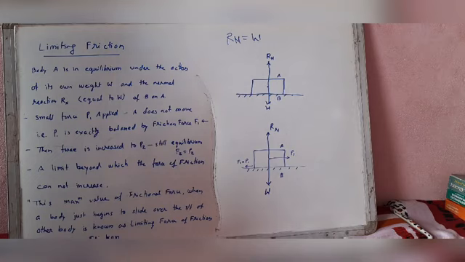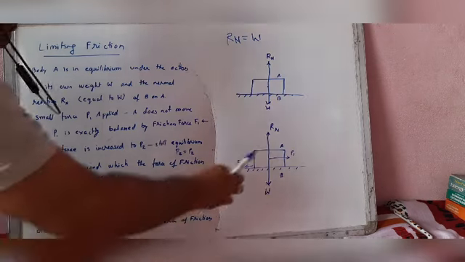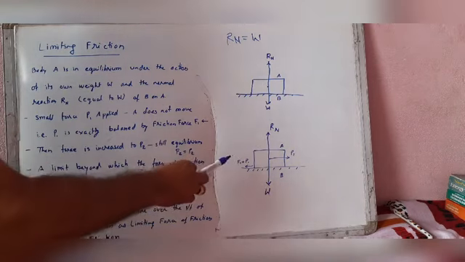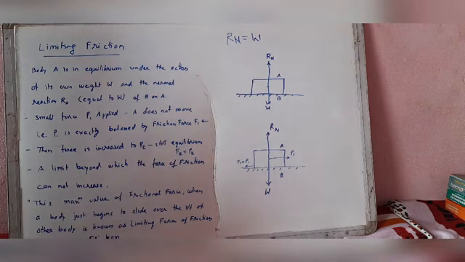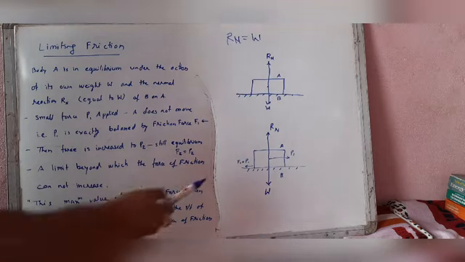If we now increase the applied force further, every time the effort is increased, the force of friction also increases. There is, however, a limit beyond which the force of friction cannot increase.